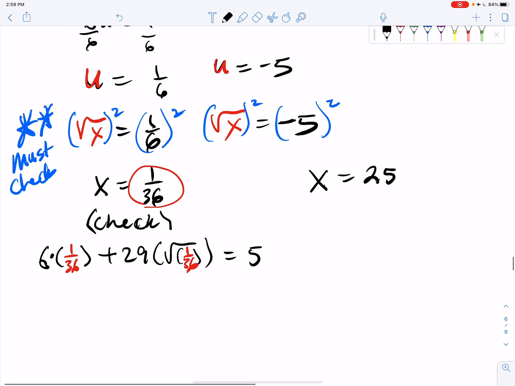So 6 times 1/36, right? That 6 is up top, so it's just 6/36, which is just 1/6. And this is going to be plus 29 times the square root of 1/36, which is just 1/6. So this is now plus 29/6.